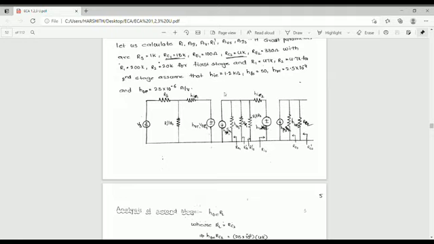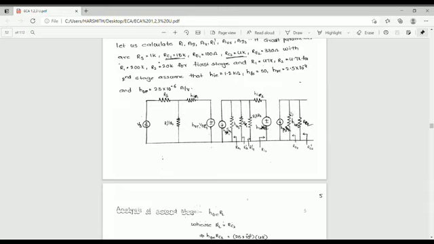This is the first stage h parameter, and the second stage h parameters are resistance in series with the voltage source and current source in parallel with the resistance. This is the other stage. Two stages are cascading. So this is the hfe and IB current is flowing.